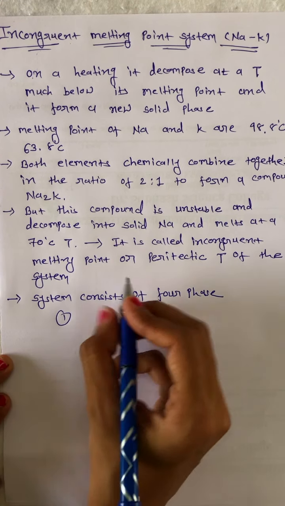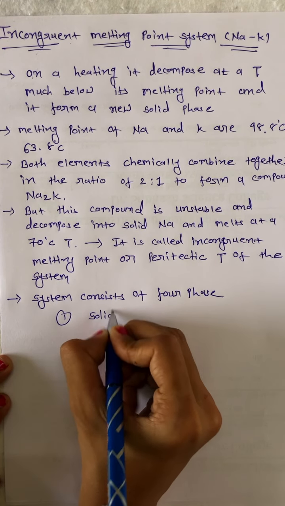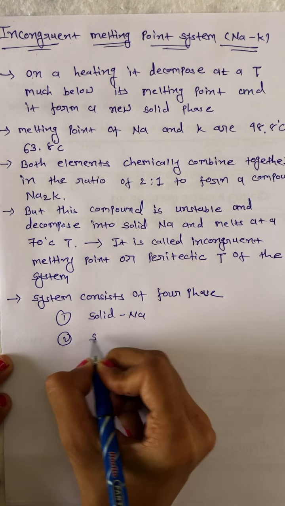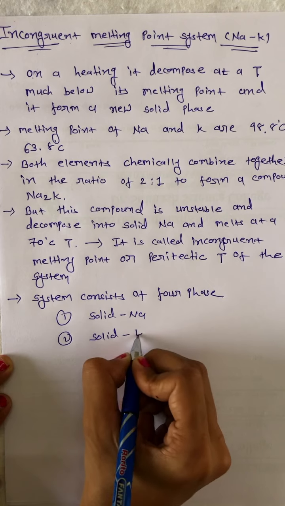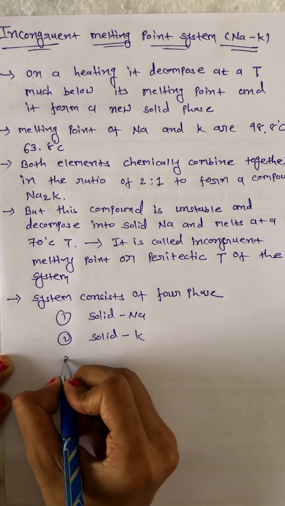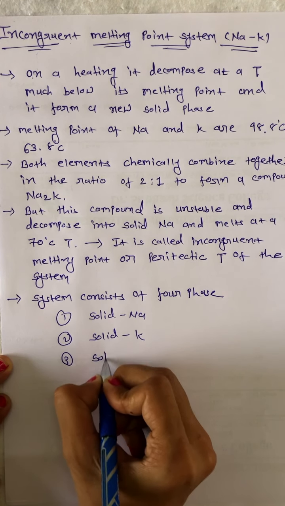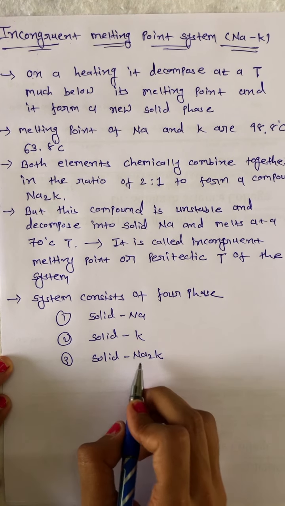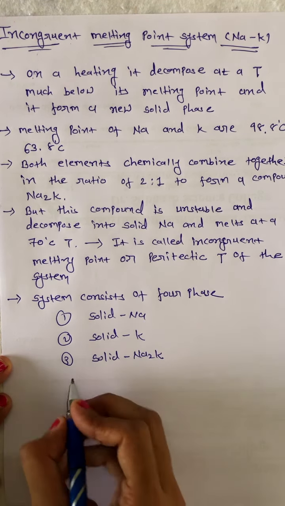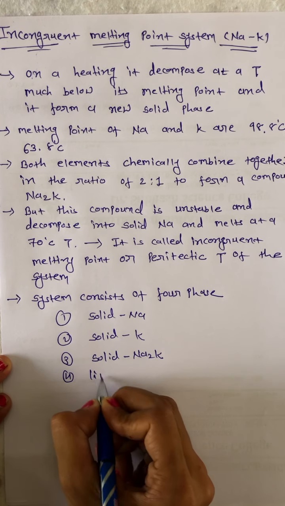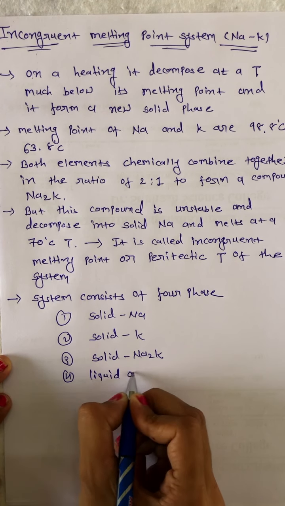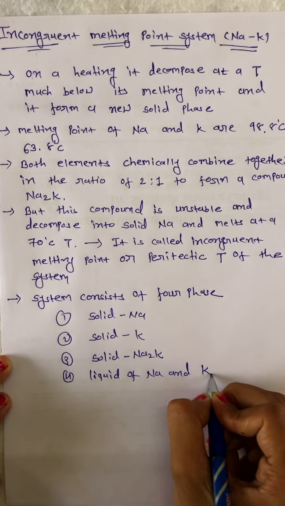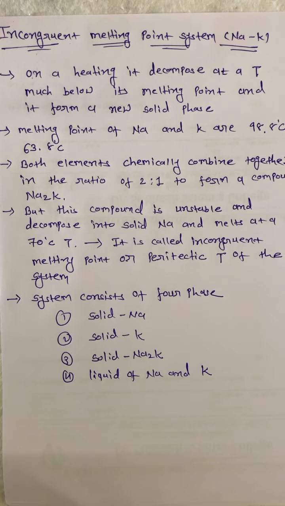First one is solid Na, another one is solid K, third one is solid Na2K, this is an intermediate, and the fourth one is the liquid of Na and K, right?